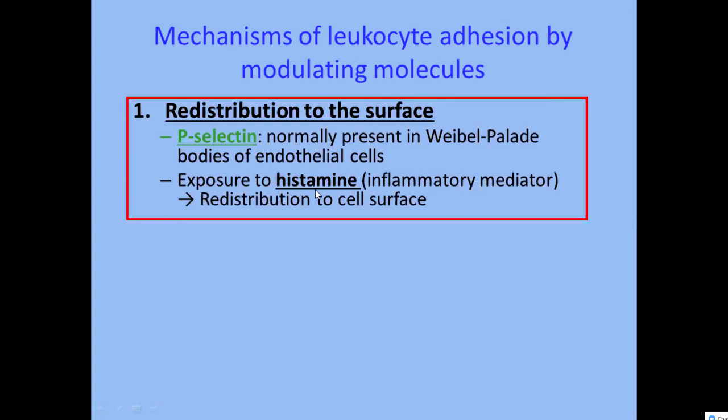Exposure to histamine will cause P-selectin to activate. If there is no histamine, that is the kinin system, okay, amine, which is the inflammatory mediator, histamine is not released.